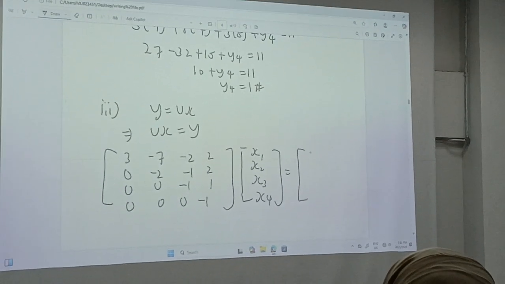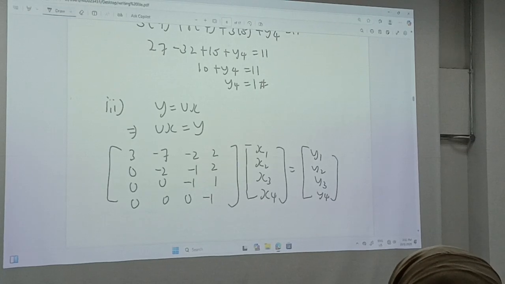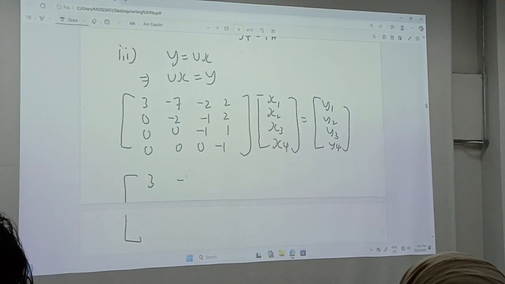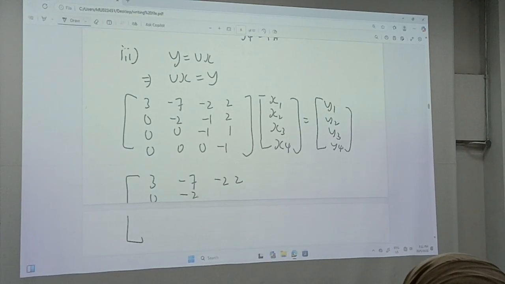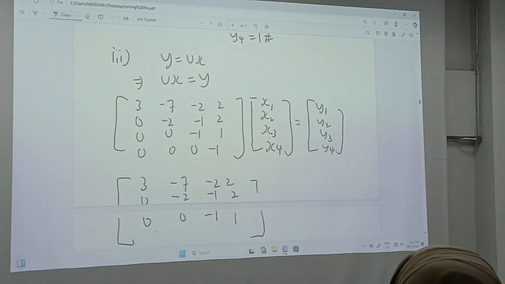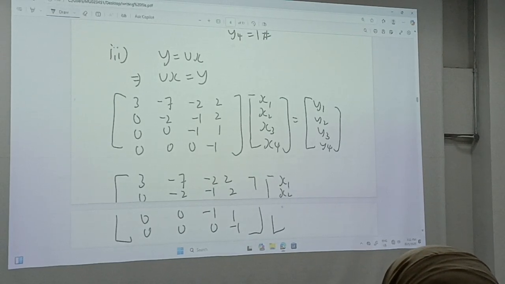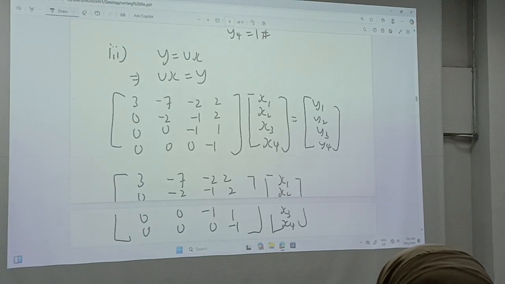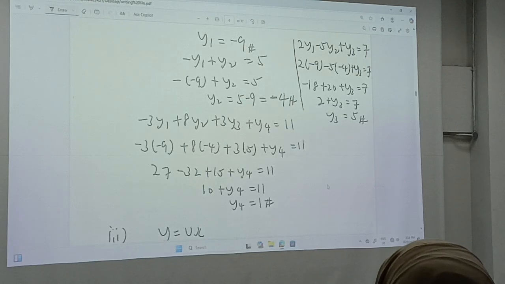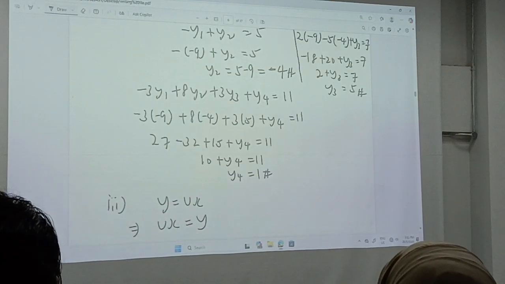Y will be Y1, Y2, Y3, Y4. So plug in the values for Y: Y1 equal to -9, Y2 equal to -4, Y3 equal to 5, Y4 equal to 1.